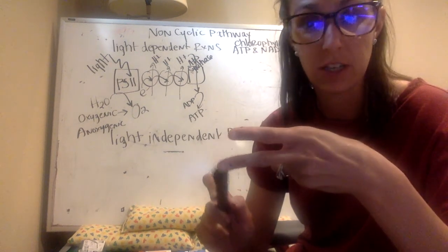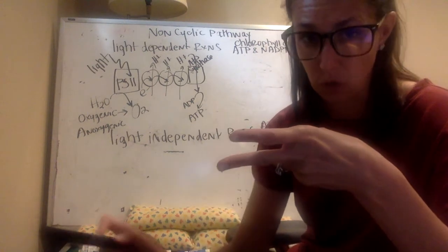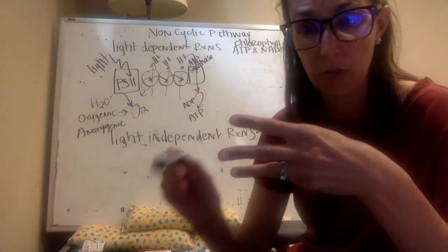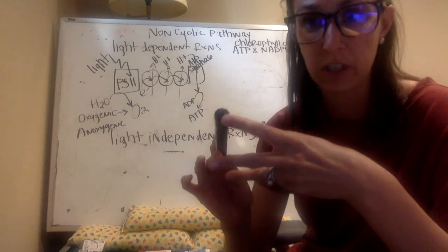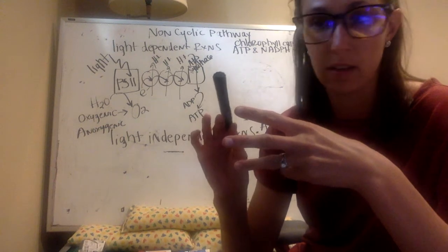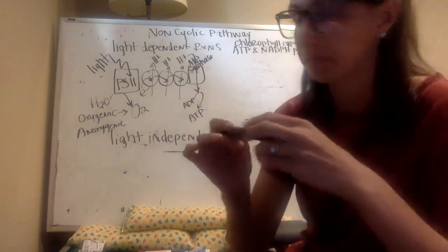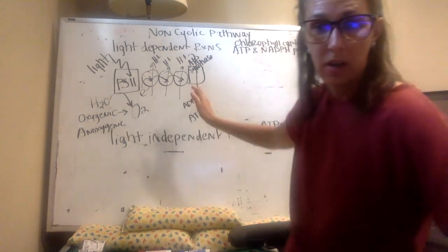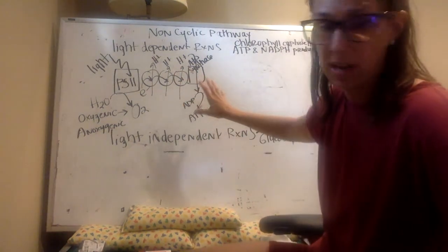Photophosphorylation does require light for the phosphorylation of ADP. All right, so now you have your three, because you also have substrate level phosphorylation that you find in carbohydrate catabolism. Okay, we're not done with light-dependent reactions.